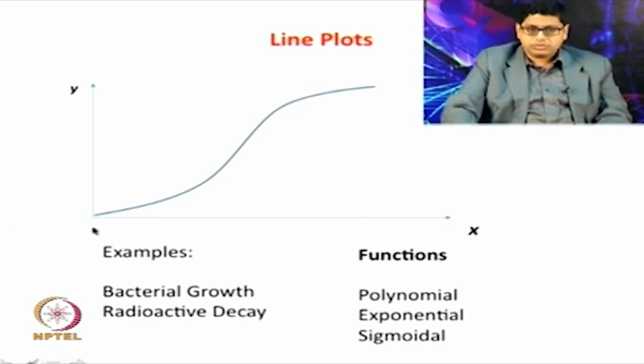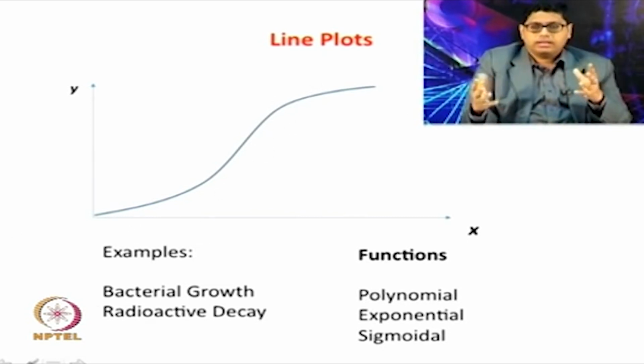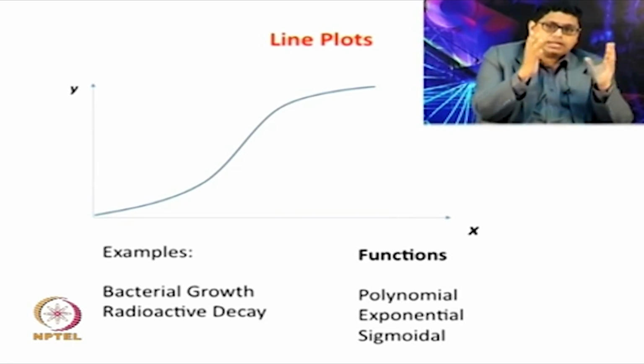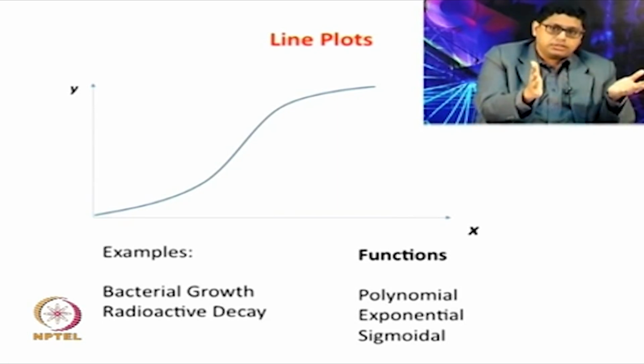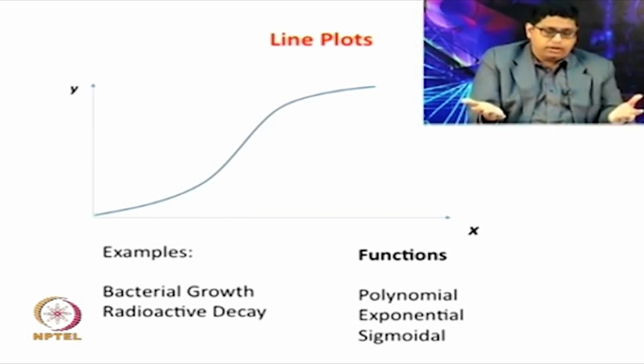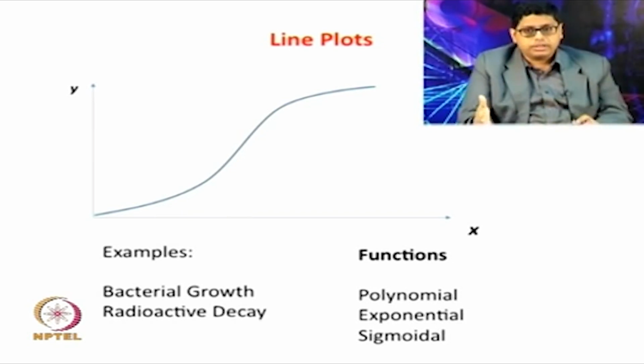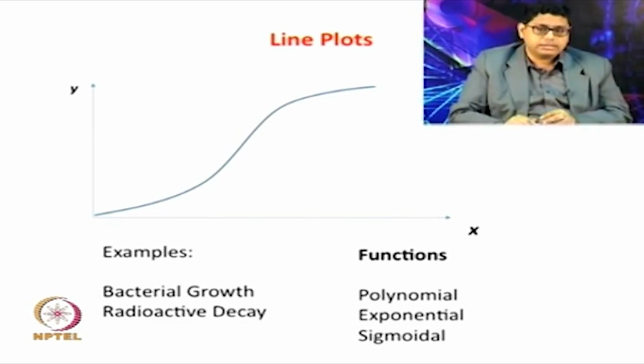It makes sense to connect them with a line when you know that the underlying phenomenon is a physical process which has a given time constant associated with it, or a given mechanism by which it happens. So it is under control, it is not a completely random association. That is when you can have very nice linear plots.